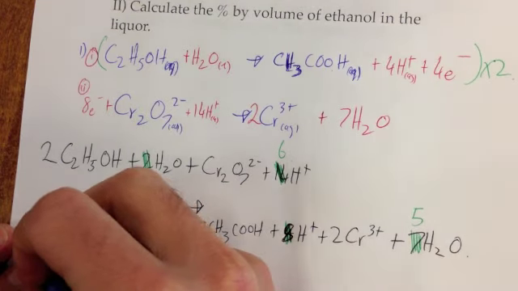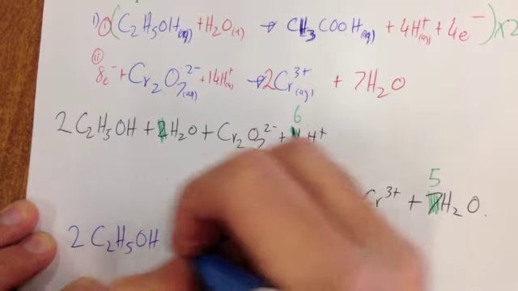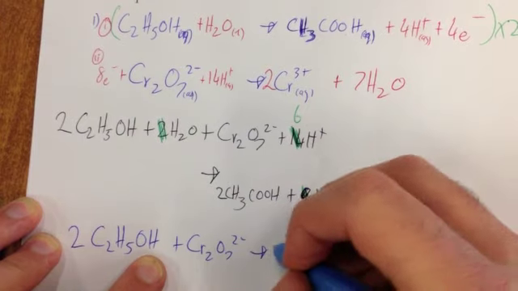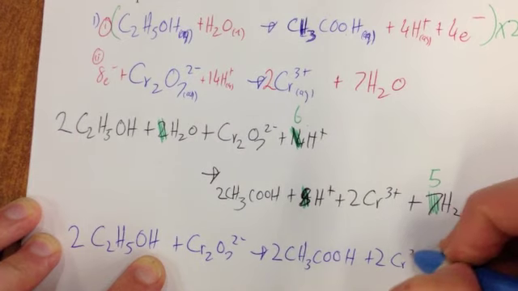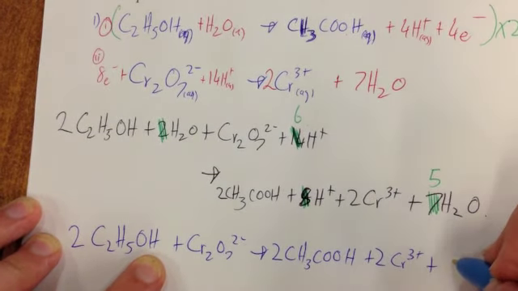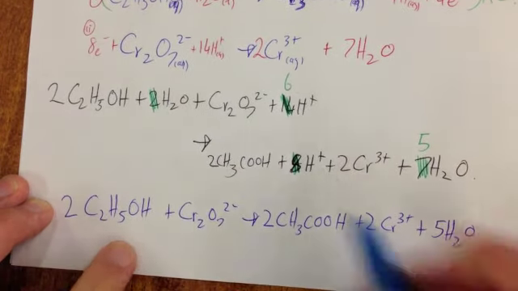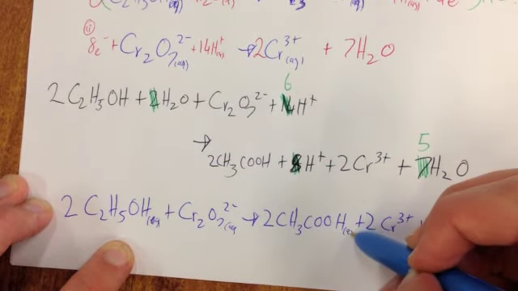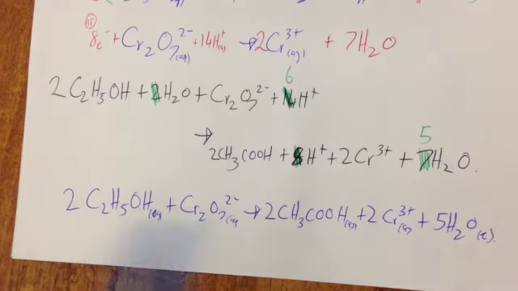So it's going to be 2C2H5OH plus Cr2O7 2 negative goes to 2CH3COOH plus 2Cr 3 plus plus 5H2O. Full equation: aqueous, aqueous, aqueous, aqueous, liquid. And therefore we have our full chemical equation from our 2 half equations.